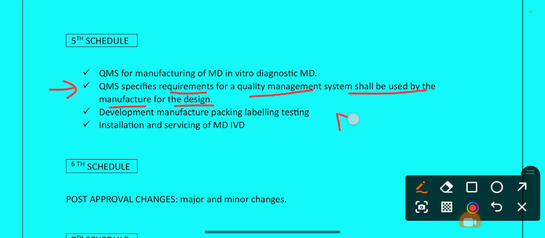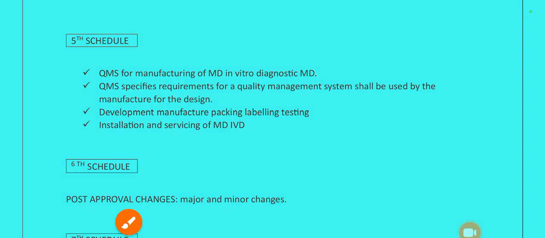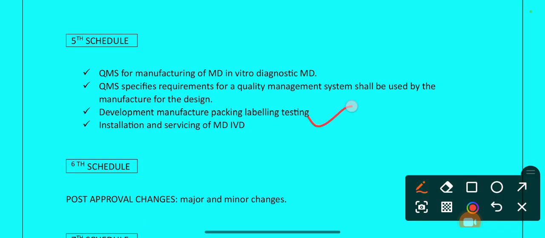For a medical device like a sphygmomanometer or another instrument like an electrocardiograph, the design and manufacturing follow the fifth schedule of the Medical Devices Rules, 2017. Next point: development, manufacturing, packing, labeling, testing.